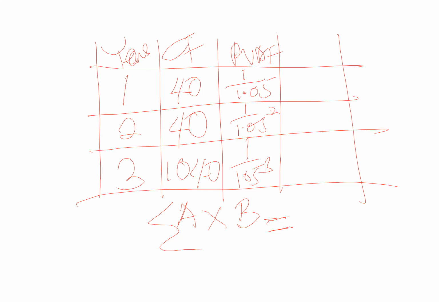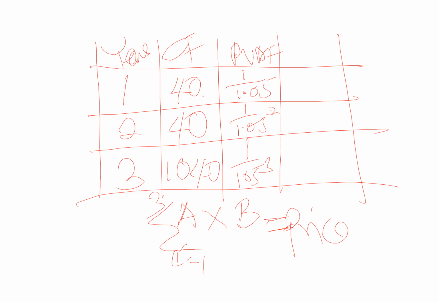If I call the second column A and the third column B, and I multiply, it's 40 times 1 over 1.05, then 40 times 1 over 1.05 squared, then 1040 times 1 over 1.05 raised to the power 3. If I sum them from period 1 to period 3, what do I get?